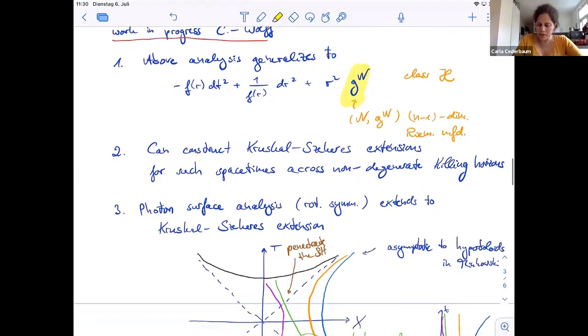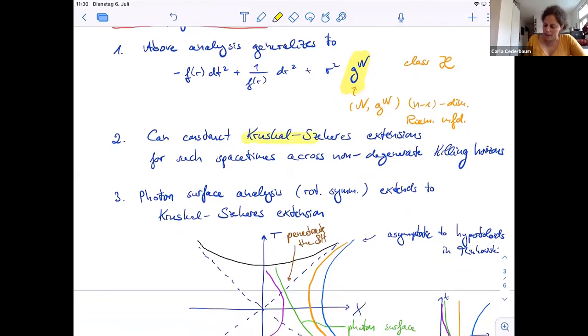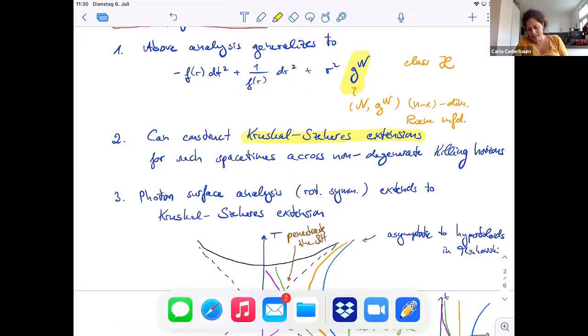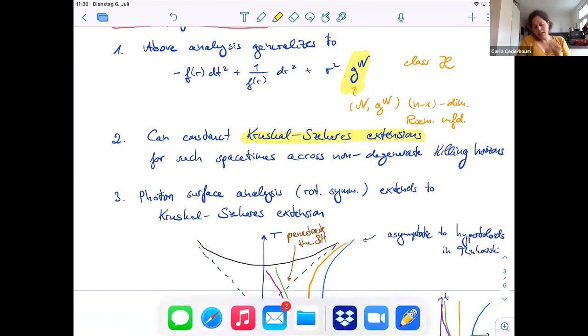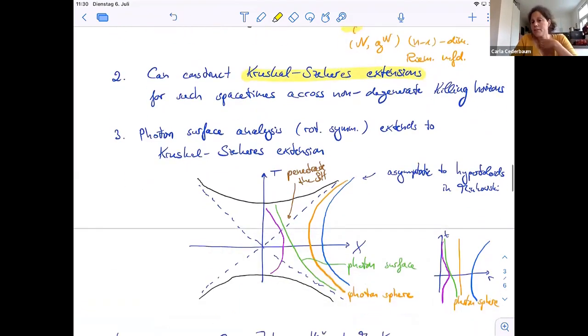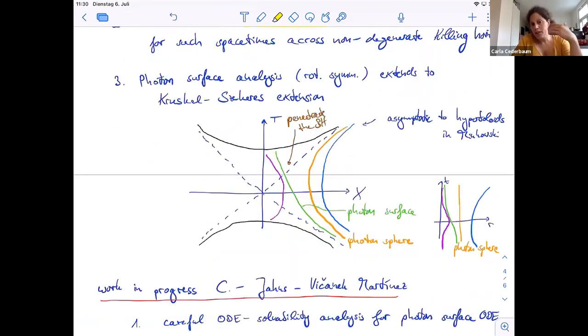But we can also construct Kruskal-Szekeres extensions, as those you know for the Schwarzschild spacetime, in all these metrics in class H, which encompasses the class S we've looked at before, if they have across any non-degenerate Killing horizons they may have. And this allows us to actually consider what happens to these rotationally symmetric photon surfaces that we discussed previously if I look at those that approach the horizon.